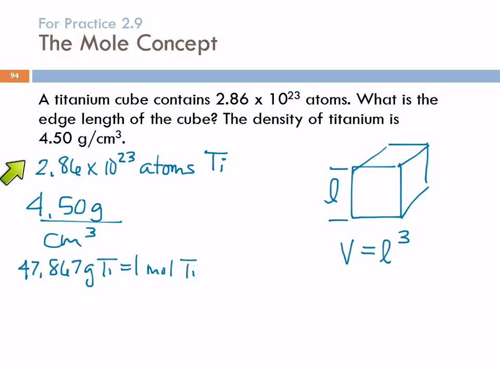They gave me two numbers in the problem. This one has a single unit, this one has compound units, grams per cubic centimeter. Generally, the number to start with is the one that just has a single unit. I'm going to write the pathway at the top because this is taking up a lot of space. So I'm starting with atoms, and I want to get to the length of one side of this cube.